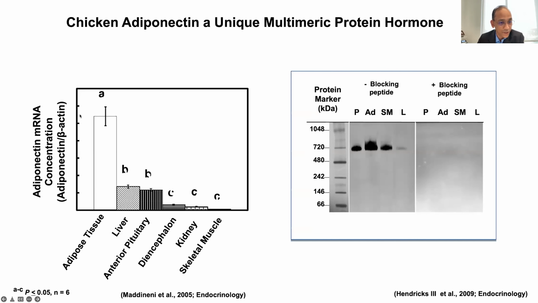And this is at the gene level. We had some struggle because chicken adiponectin is completely different from human or mouse adiponectin, so we had to develop our own reagents.